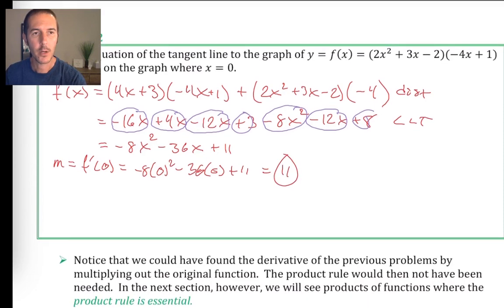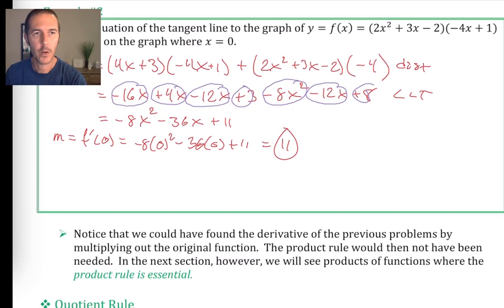The point on our original function is the point where x equals 0. We need the corresponding y value.